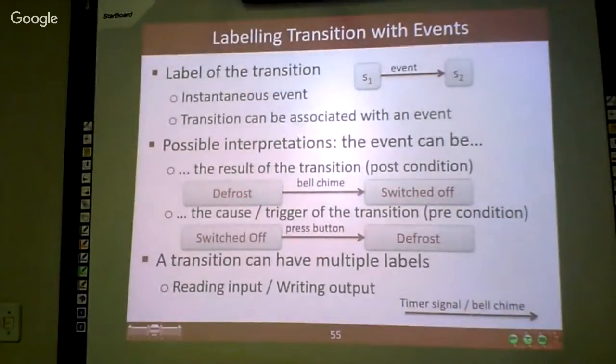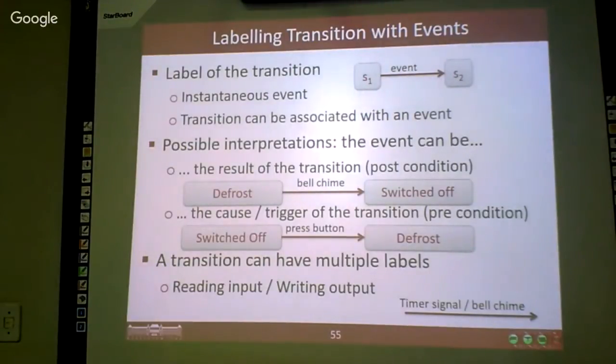This way you can define some kind of postcondition. So at the end of the defrost, the microwave oven just rings a bell, and then it will be switched off. Or the event can cause or trigger the transition. For example, from the switched off state, we can start the defrost by pressing a button.